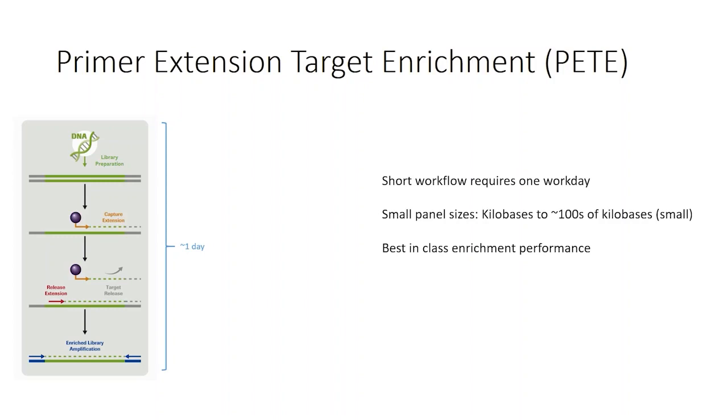So this is better than amplicon technologies and on par with hybridization-based technologies. And something I don't have here is that we can actually detect novel fusion partners with this technology, similar to hybridization-based capture. So now I'll jump into different types of metrics.